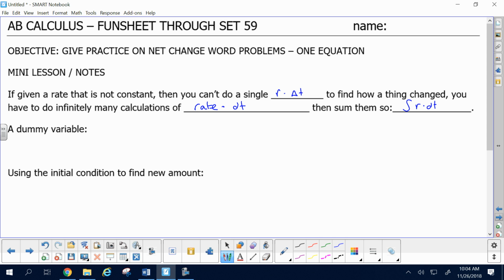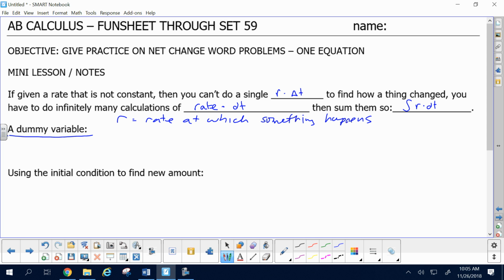Now, let's introduce the idea of a dummy variable here, okay? If R is a rate at which something happens, whether it be traveling or problems done or people coming into the store or people going out of the store, or it could be a million different things, but it's a rate.